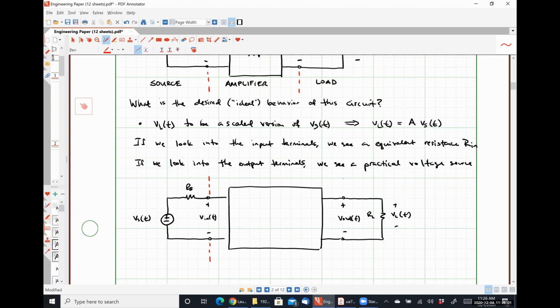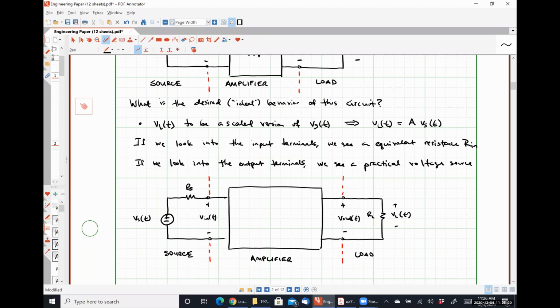Everything to the left is our source. Everything to the right of the output terminals is our load. Everything here in the middle is our amplifier.